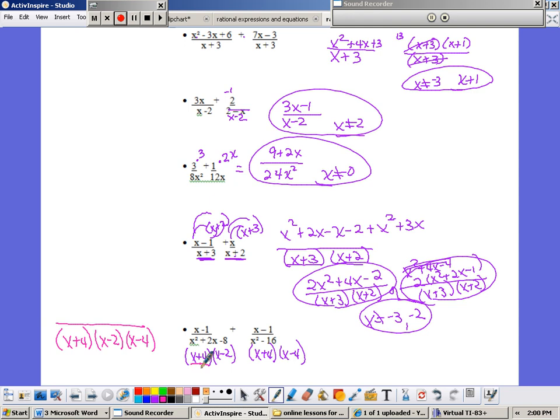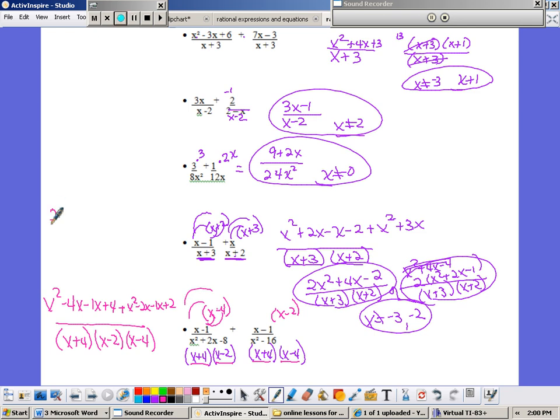So this one had the x plus 4 and the x minus 2. It didn't have the x minus 4. And this one had the x plus 4 and the x minus 4, and it didn't have the x minus 2. So I'm going to have to FOIL. So x squared minus 4x minus 1x plus 4 plus, FOIL again, x squared minus 2x minus 1x plus 2.